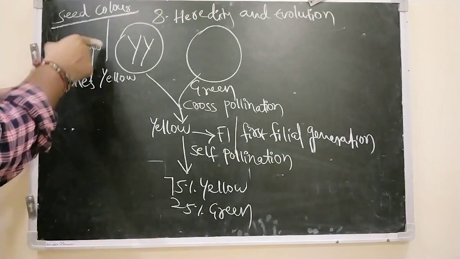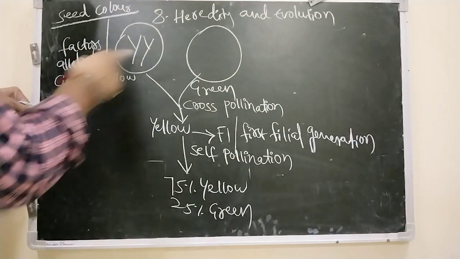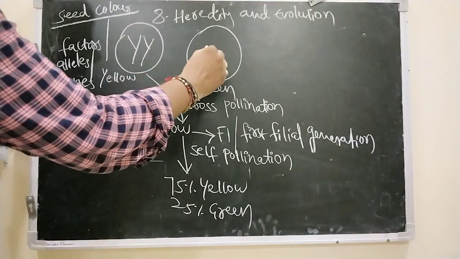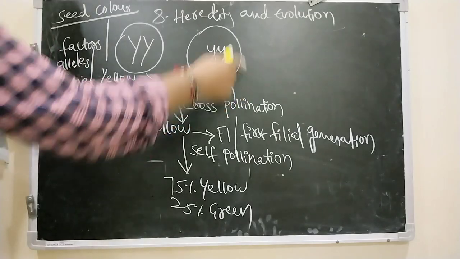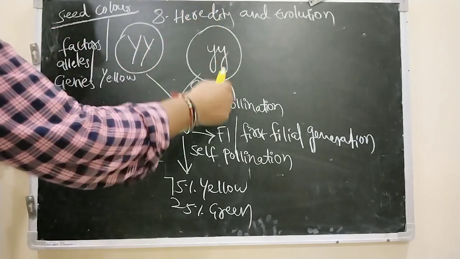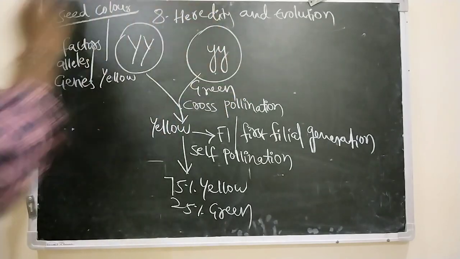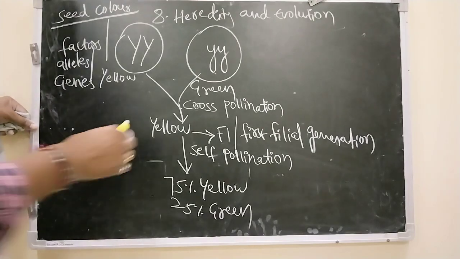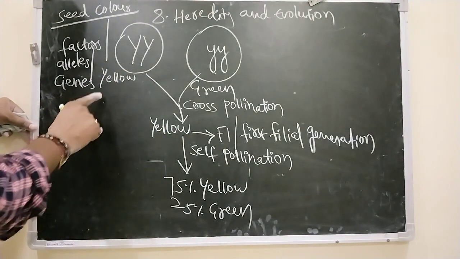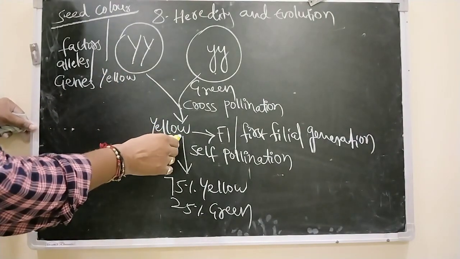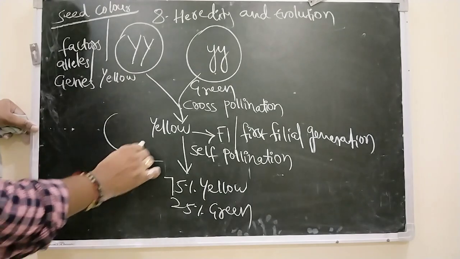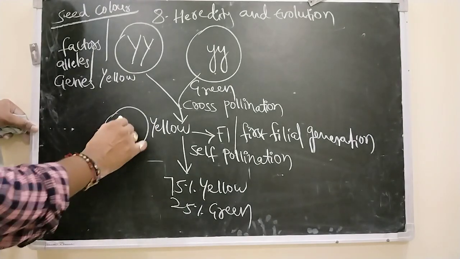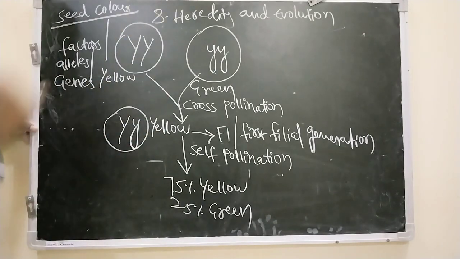He called them factors or alleles or genes. Next, those responsible for this seed to obtain green color are small y. And according to Mendel, the F1 generation formed is like this inside the seeds.